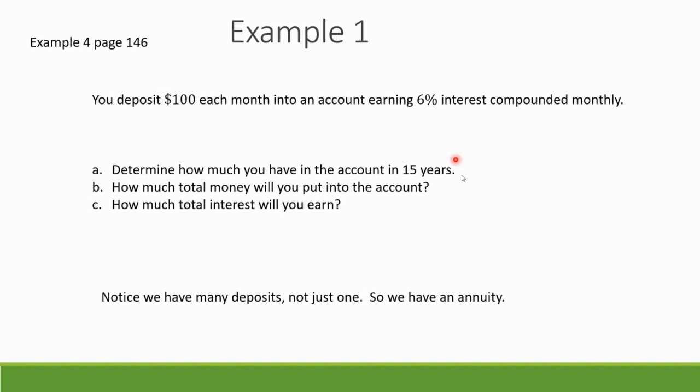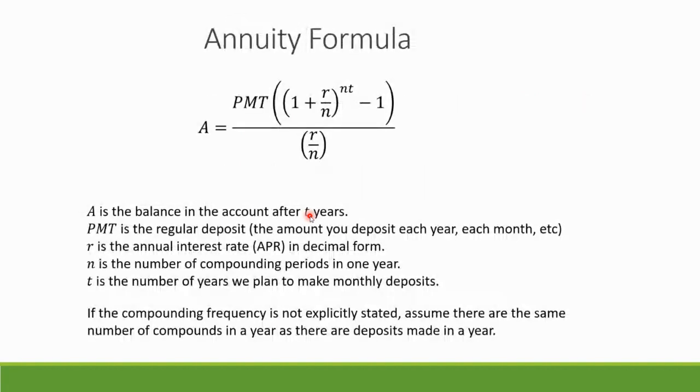So we want to answer these questions. How much are you going to have in that account 15 years later? How much total money are you putting in? And what's the total interest you earn? Well, to solve this question, we're going to use the annuity formula.